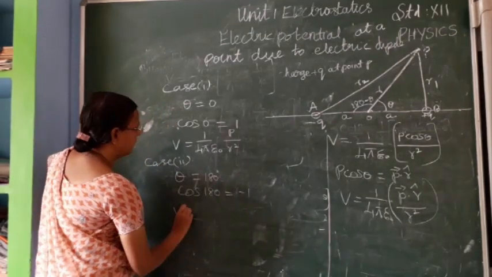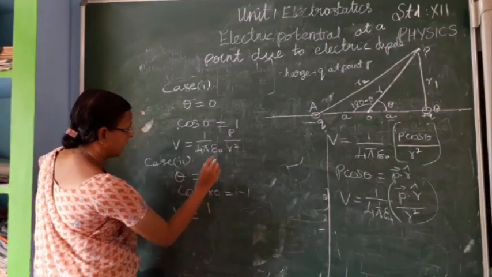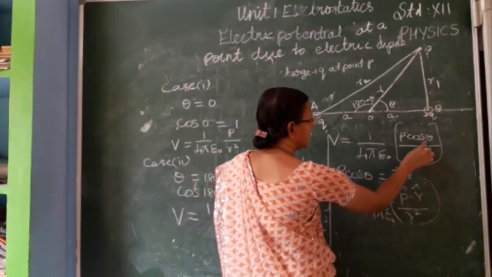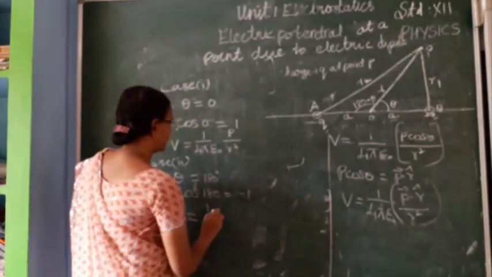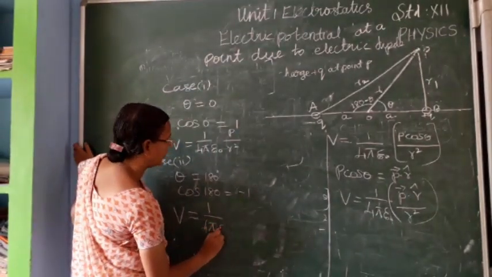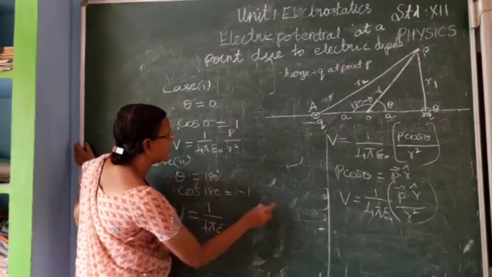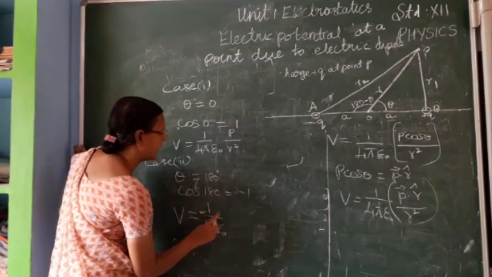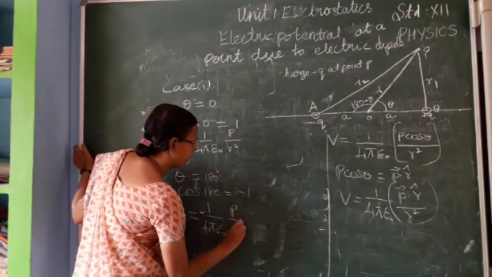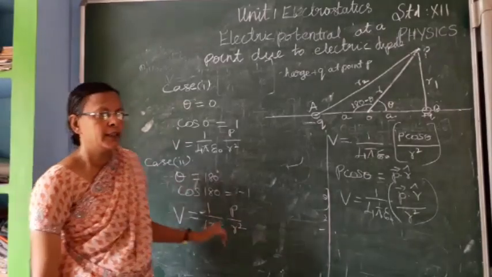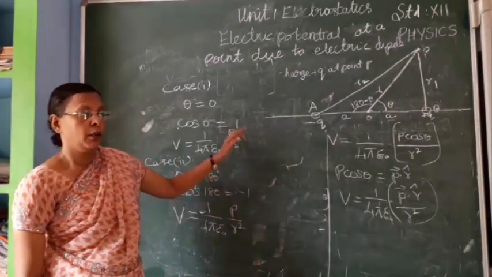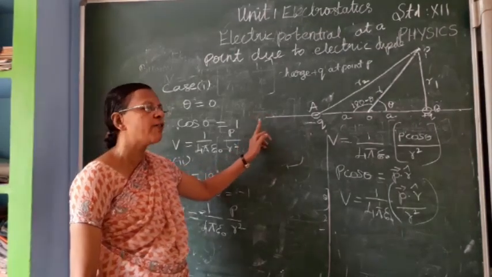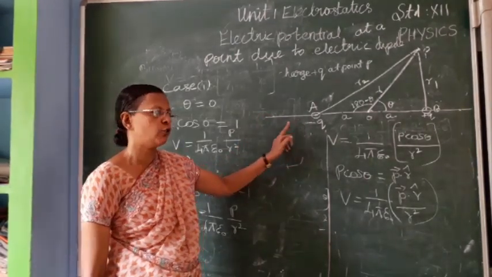So we have to substitute cos theta for 180 degrees, which is minus 1, so we get minus 1 by 4 pi epsilon 0 times p by r square. This is the value when the point P is on the axial line on the side of the minus q charge, the negative charge.